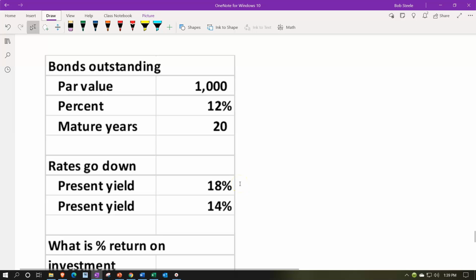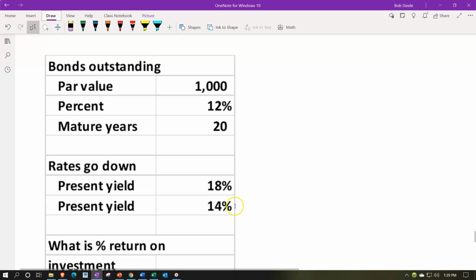So the price would be less drastically different, less of a discount than the 1,000. So we purchased them when they were more drastically discounted because the market rate was perceived to be a lot higher than the rate on the bond. And now they're still discounted, because the rate that we could get elsewhere is still higher than what's on the bond, but they're less discounted, they're closer.